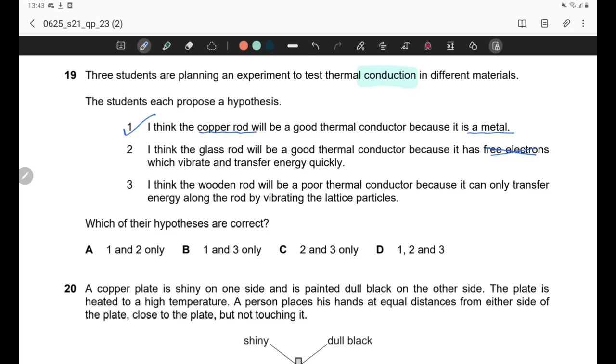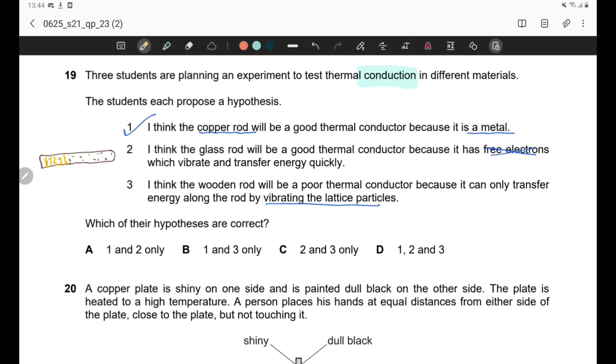Let's check the third student's hypothesis. I think the wooden rod will be a poor thermal conductor because it can only transfer energy along the rod by vibrating the lattice particles. That is correct. In wood, the thermal energy will transfer from one side to another only because of the vibration of the lattice particles.